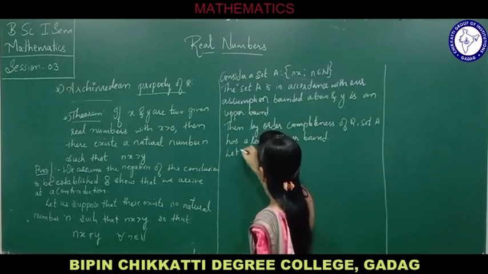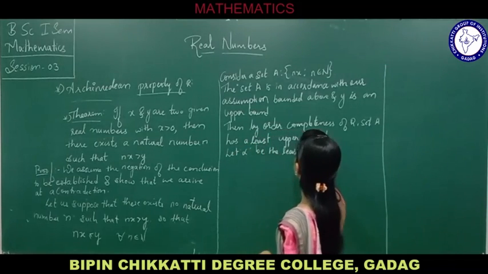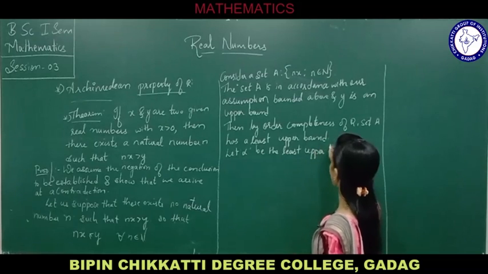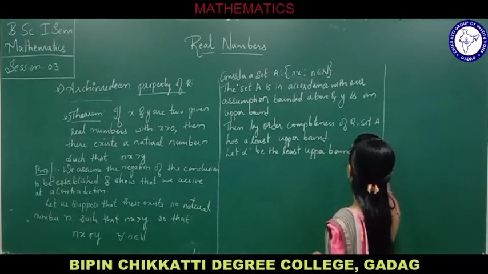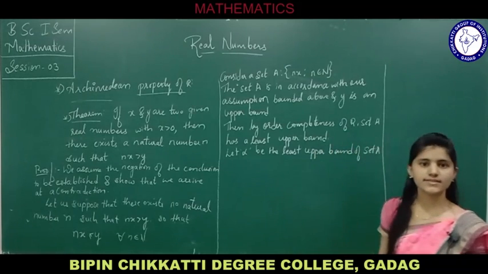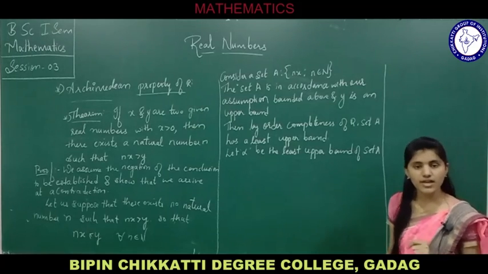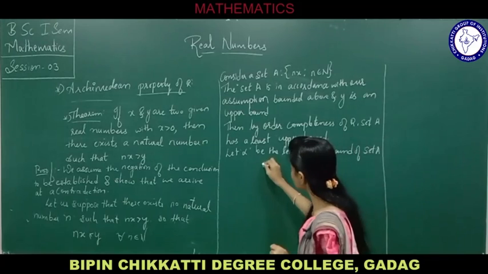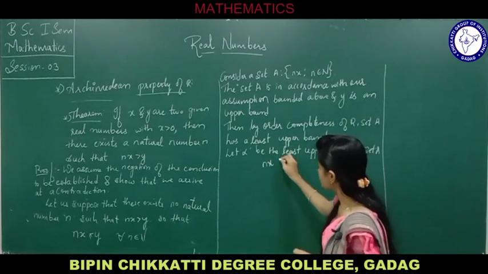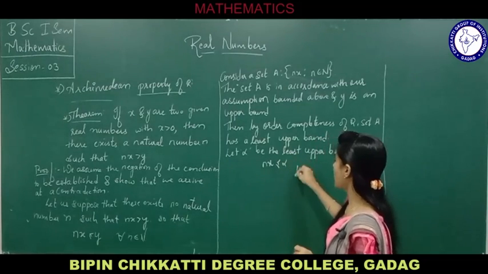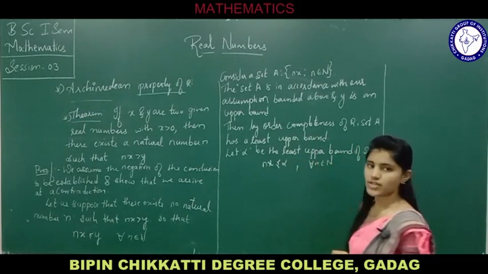Let alpha be the least upper bound of set A. How are we going to write it? n into x is less than or equal to alpha for all n belongs to this set of natural numbers.